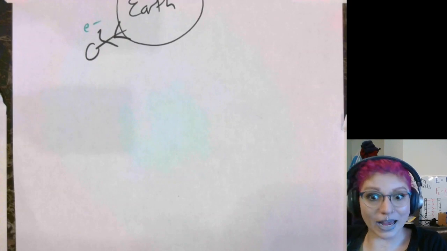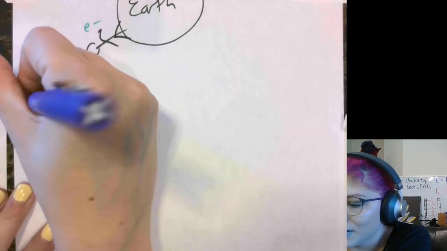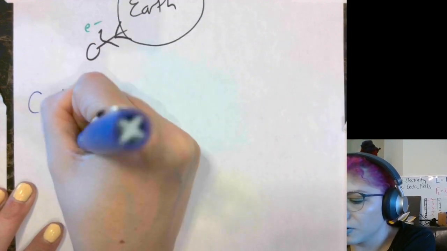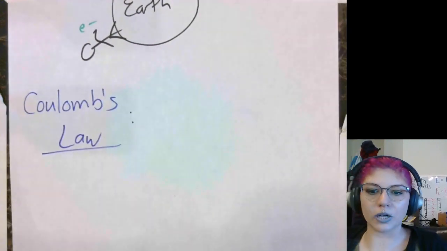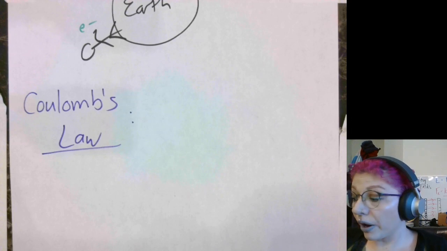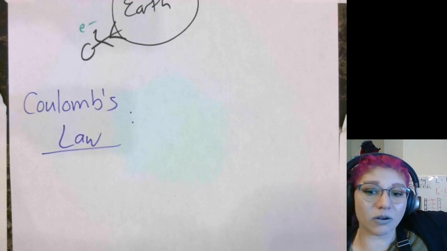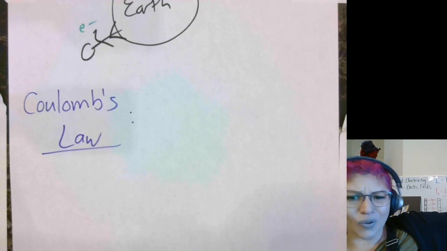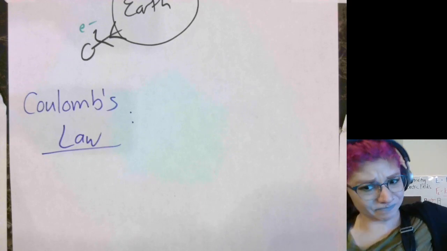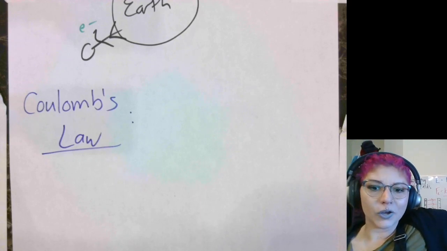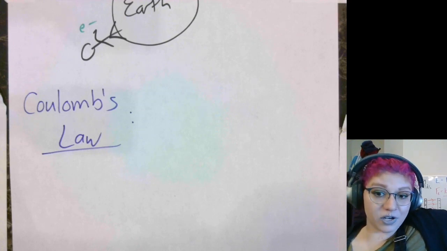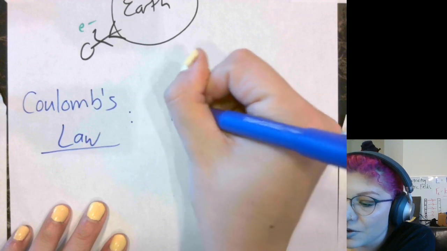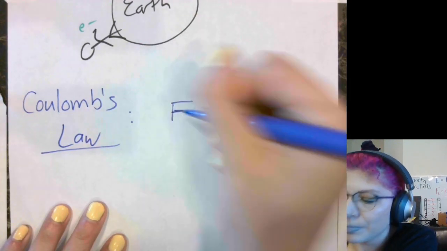Let's go back to a few weeks ago when we looked at Coulomb's law. Before I write the equation, I want you to think about what you remember about Coulomb's law. What was it about? Do you remember the equation? What hopefully is going on in your mind is that we know Coulomb's law deals with the force between charges.